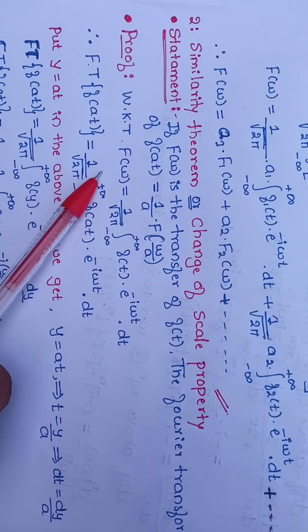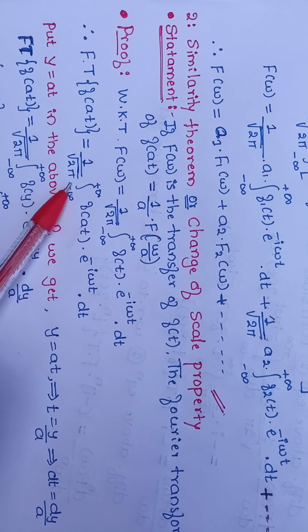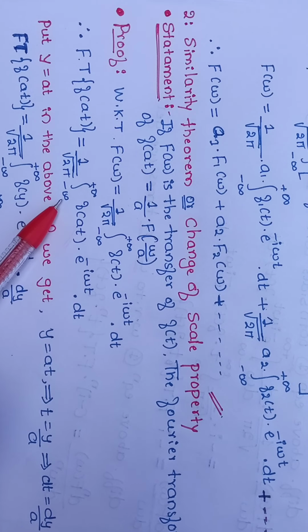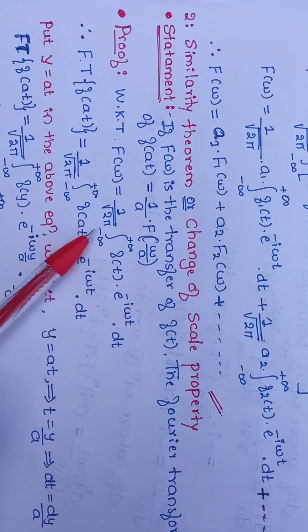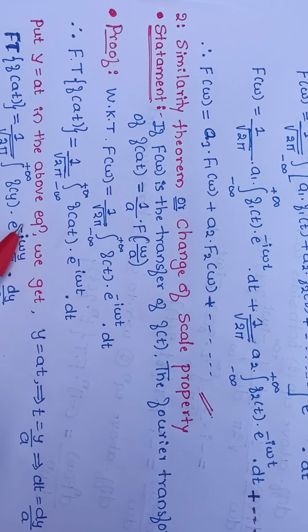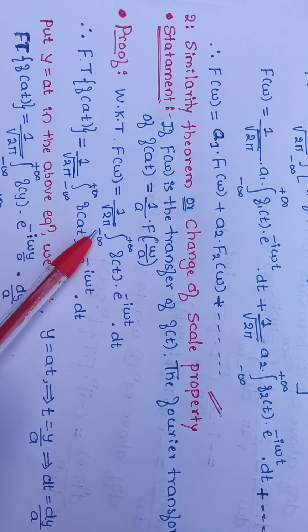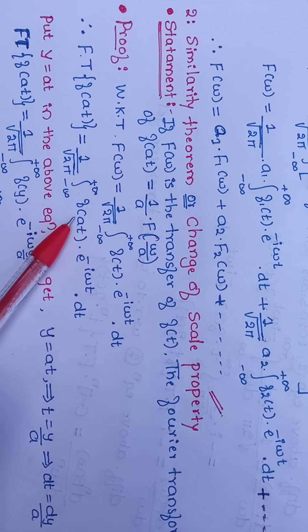That is equal to 1 divided by square root of 2 pi integration minus infinity to plus infinity f of at into e raised to minus i omega t into dt. Now in this equation put y equal to at.